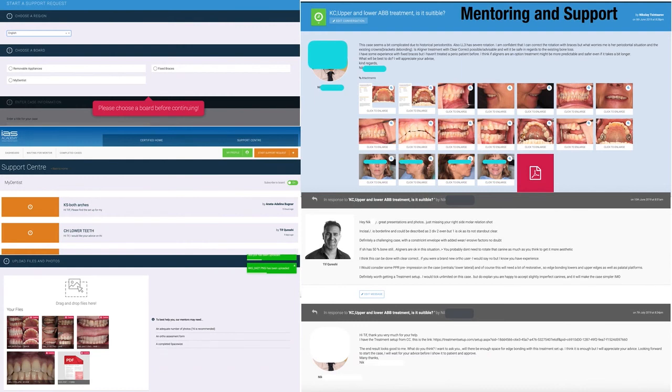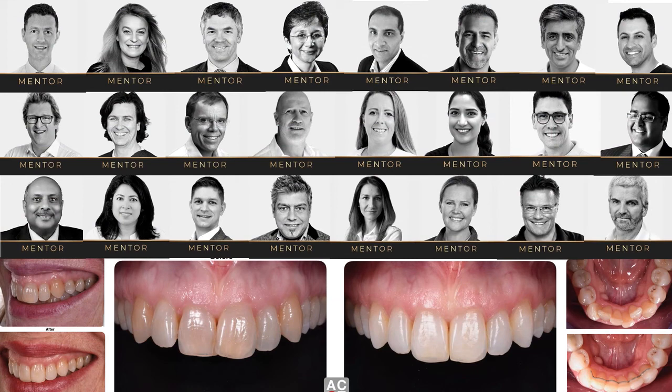We have a whole mentoring program as well. So when you take a course, you get mentoring included as well, which then means your cases are looked after. It depends what kind of course you take, but you'll always get one case included. And if you become a member, your cases are IAS cases that are then free. But ultimately, we have a growing team of mentors all around the world, and our goal really is to ensure that the dentists get the best outcome.